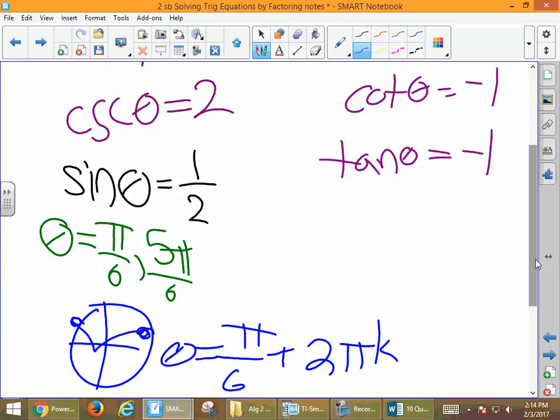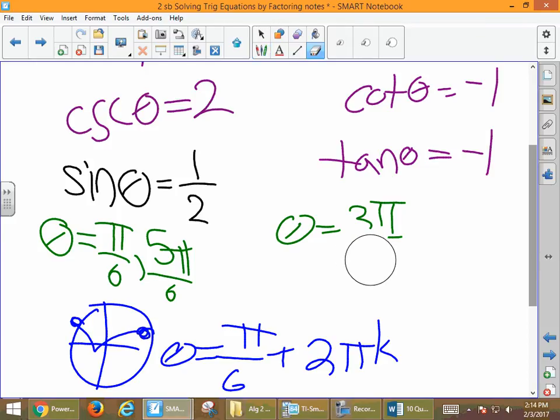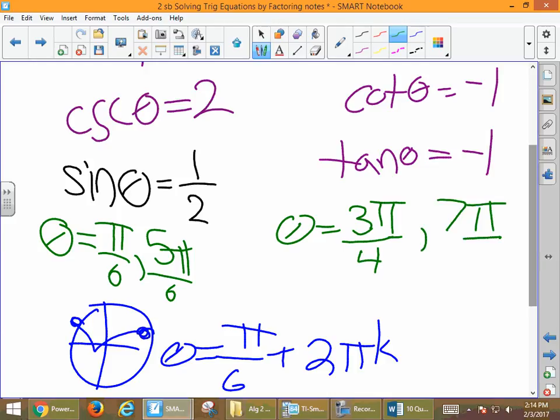And so when is tangent -1? 3 pi over 4 and 7 pi over 4. So if we go back over to our unit circle, we find 3 pi over 4 and 7 pi over 4.